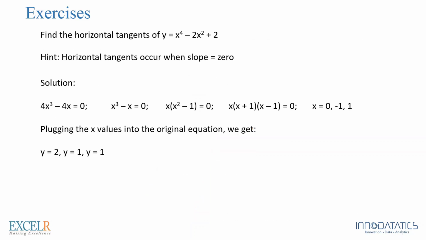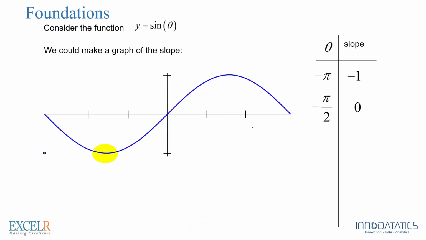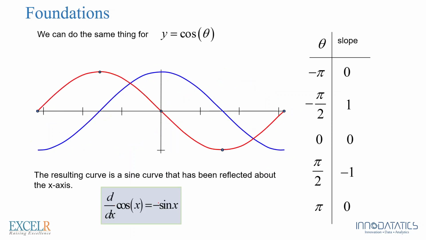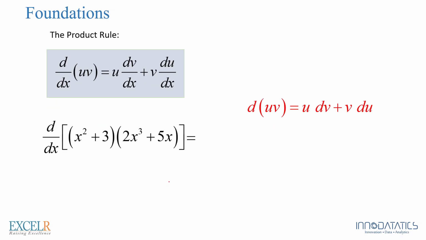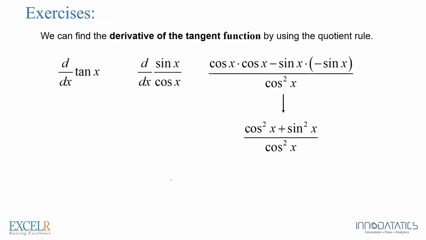Okay, and then we went on with various examples. We tried to look at what is the derivative of sine theta. Derivative of sine is cos, derivative of cos is minus sine x. Then we looked at the product rule, then we looked at the quotient rule, right?